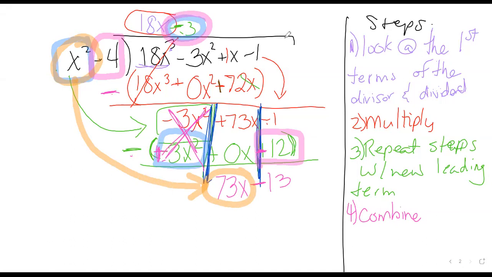The exponent 2 does not go with the exponent 1 unless I'm multiplying by some kind of fraction, which obviously we're not going to even deal with, okay? Meaning that this answer right here is what? What is the name for this? Remainder? Yes, this is the remainder.